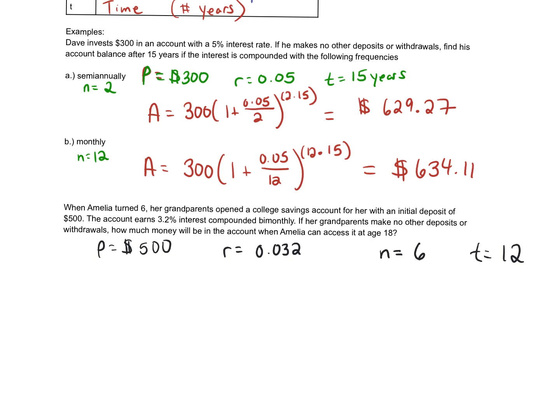Okay, so we have P of 500, R of 0.032, N of 6, and T of 12. So if I put this in, I'm going to get 500 times 1 plus 0.032 over 6, to the power 6 times 12.